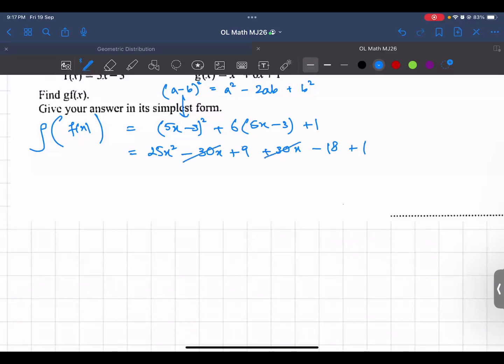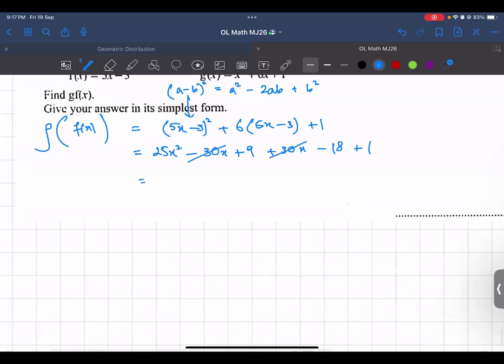So minus 30x plus 30x cancel out. 25x square. 9 minus 18 plus 1 would be minus 8. This is your answer: 25x square minus 8. This is your gfx.